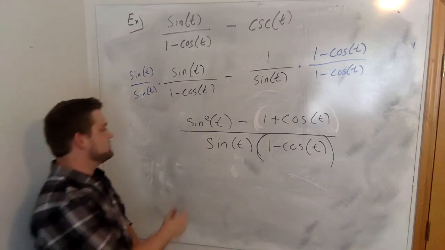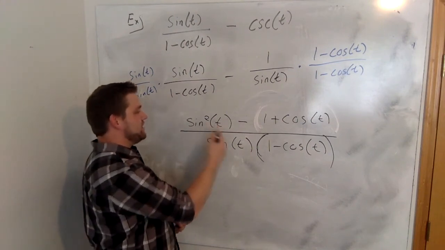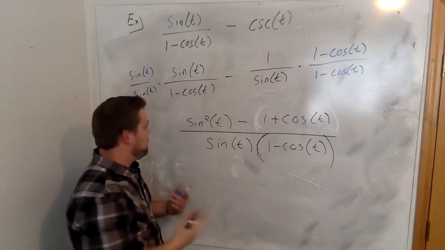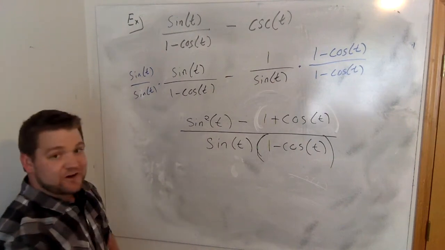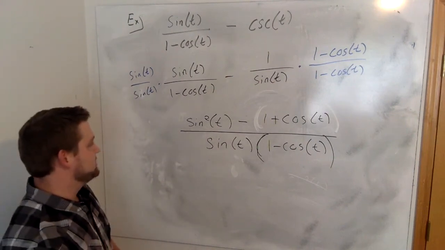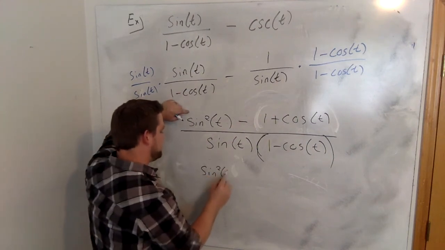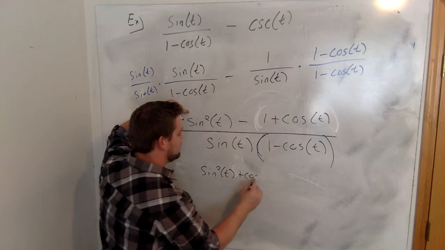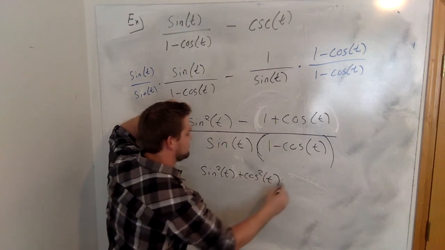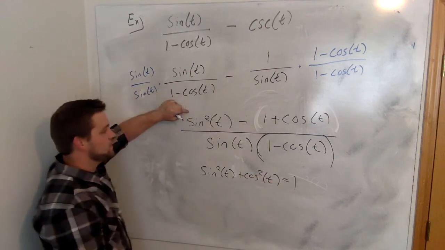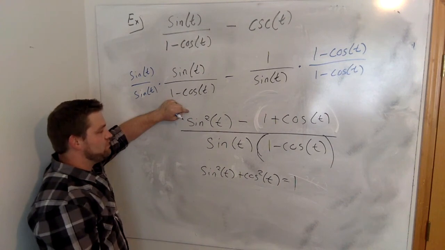Well, I do see this sine squared here, and I do see some cosines. So I'm going to try to use a Pythagorean identity here to maybe clean this up a little bit nicer. Let's recall that sine squared of t plus cosine squared of t is equal to 1. Okay, so what can we do here?